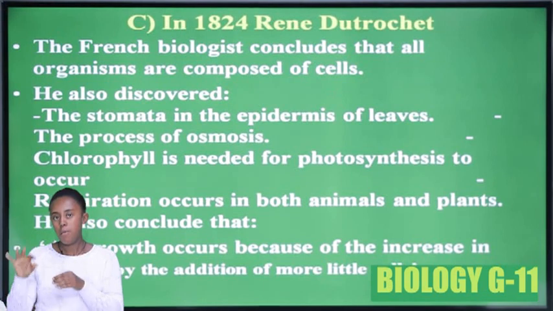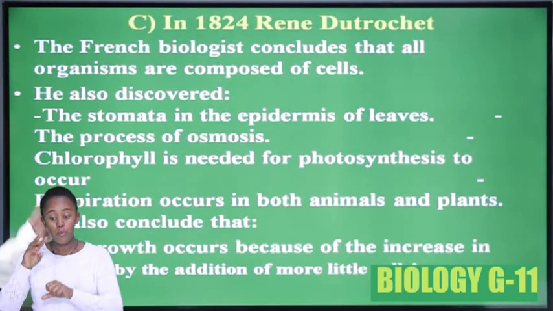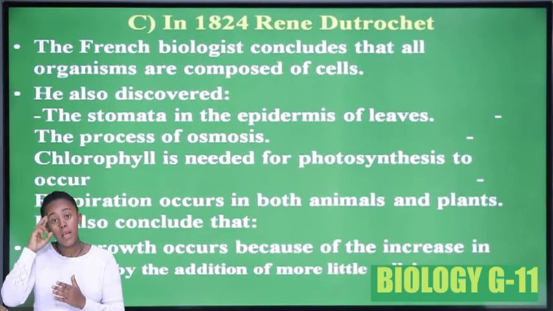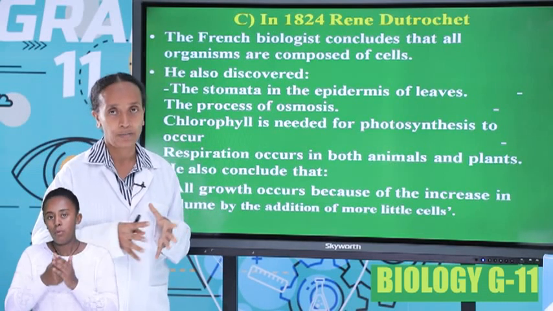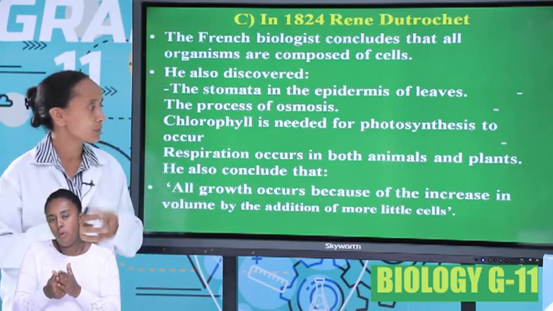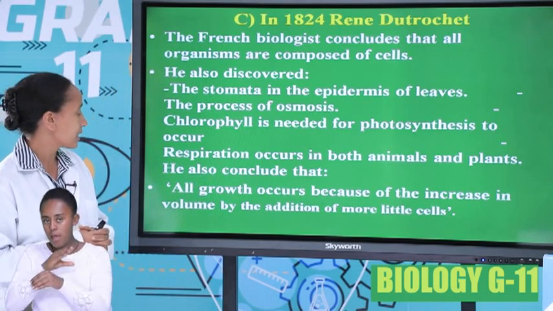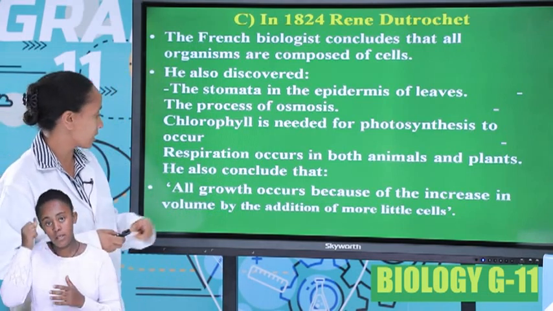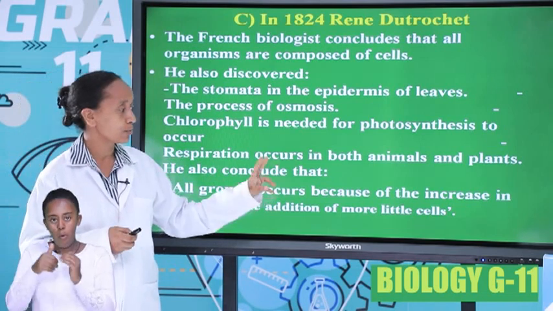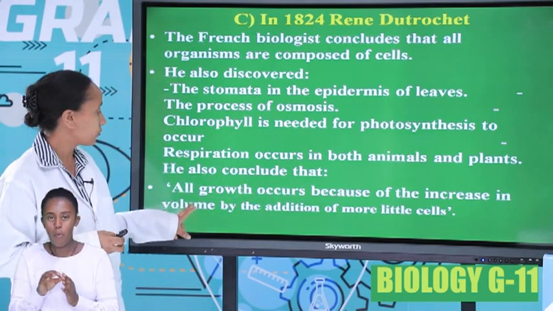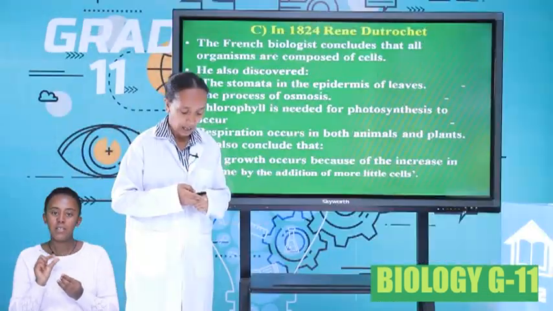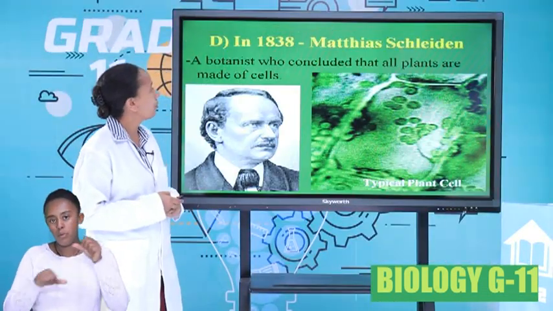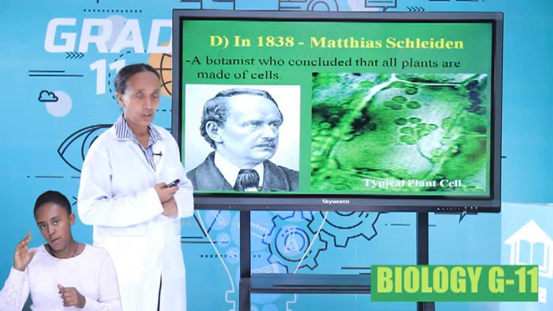René was also the one to indicate that respiration occurs in all organisms like plants and animals. He also concluded that all growth occurs because of an increase in volume by addition of more little cells. These are the contributions by René Dutrochet.